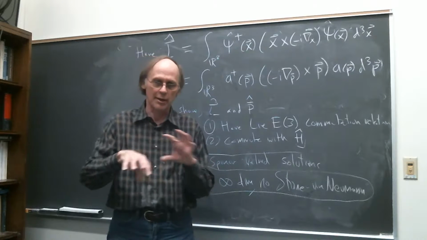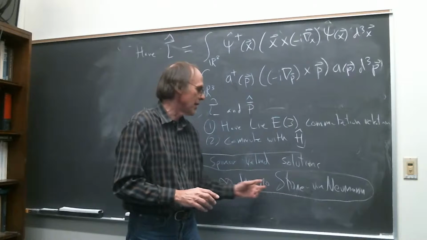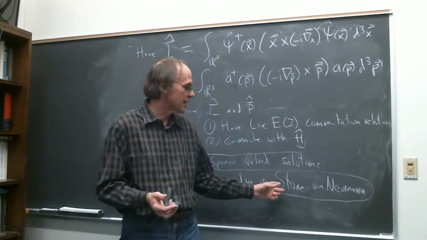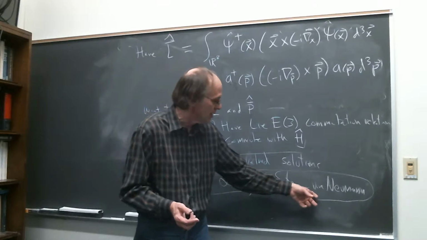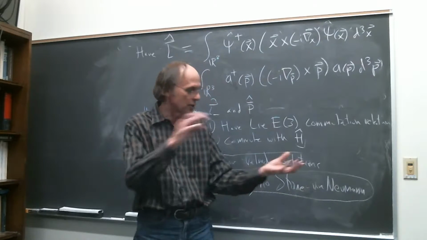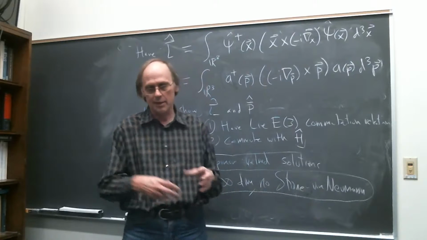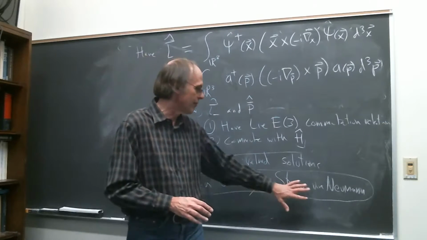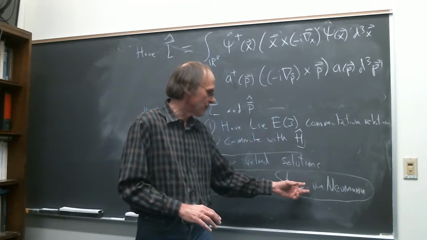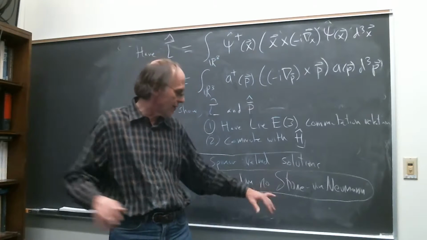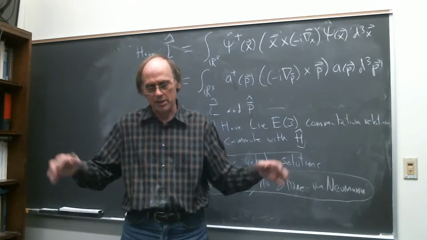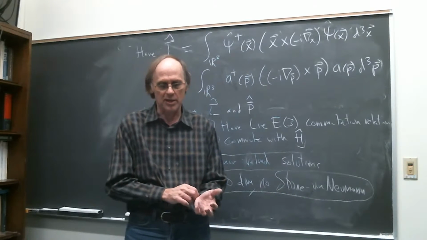The minute you start allowing things to interact and choosing non-quadratic Hamiltonians, the infinite dimensionality of the problem implies that you can have these non-unitarily equivalent ways of realizing the canonical commutation relations, and all sorts of horrors can happen. Even classifying what the possible representations are becomes difficult or impossible.